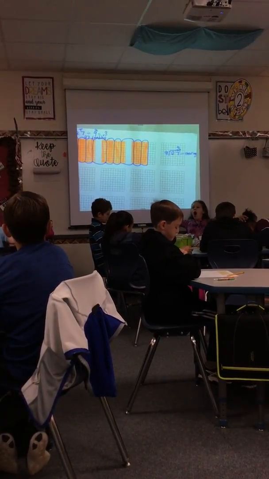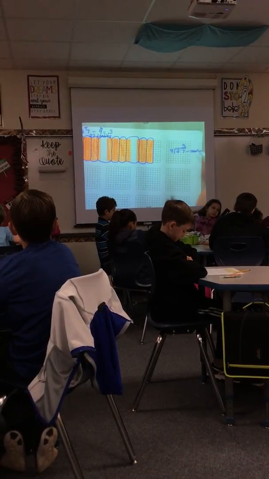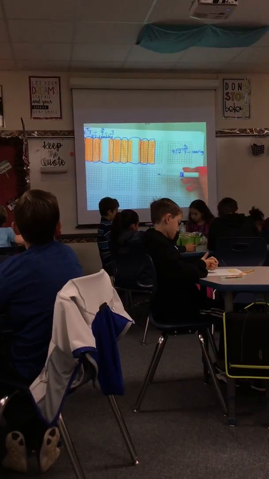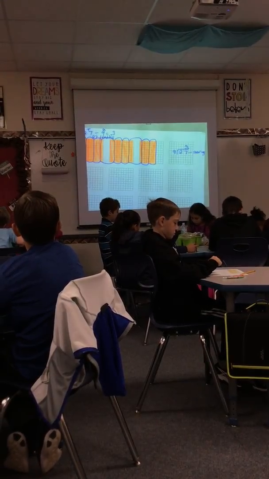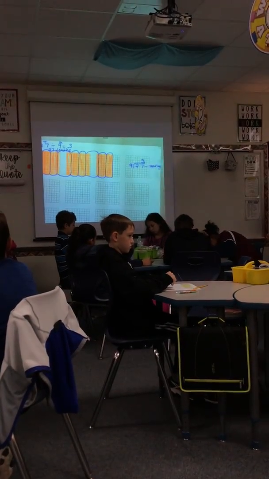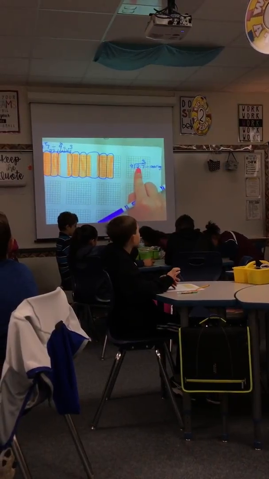No. You're on the right track, but for multiplication, we start on the left with our product and we move it over. But with division, we're going to move the decimal from the inside of the house. We're going to pretend like this is a little house.